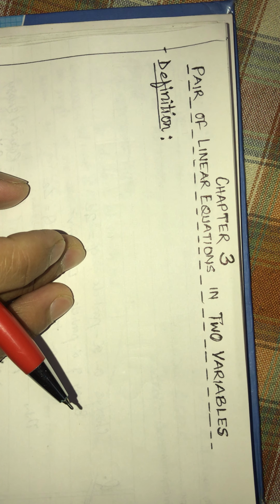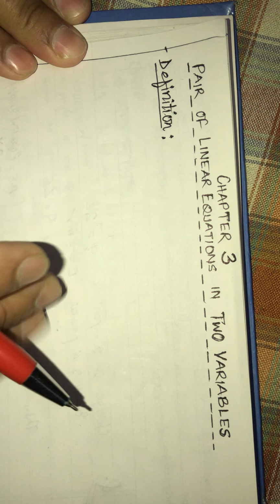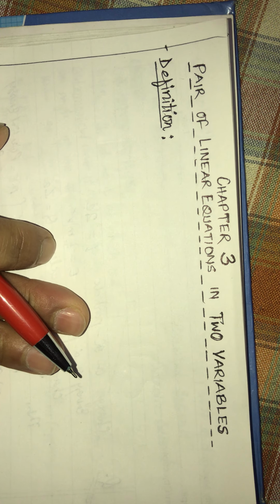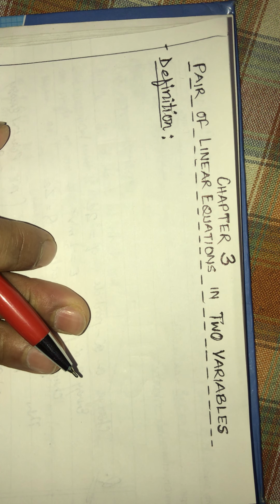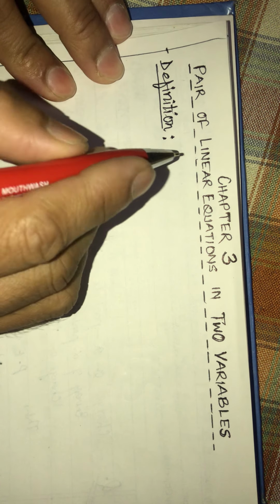There we learned linear means expression having degree 1. So here also linear is the same. Anyway, the definition is an equation of the form ax plus by plus c equal to 0.